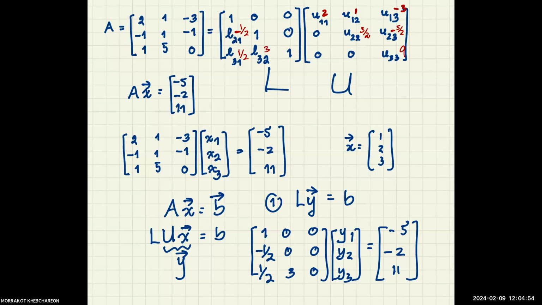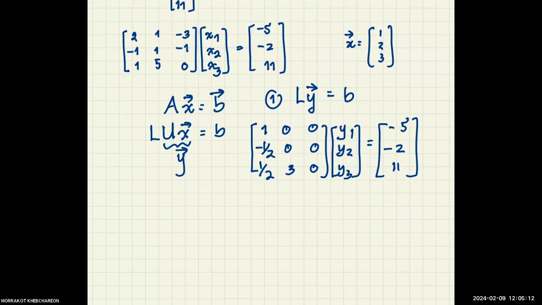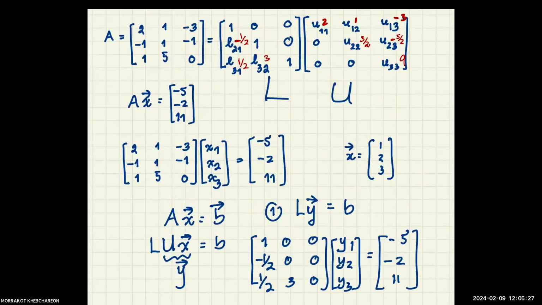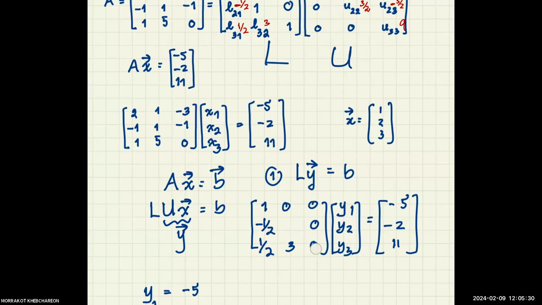So you have L. L is the unit lower triangular matrix. You can find y1, y2, and y3 easily, okay? Use forward substitution because y1 you can see is going to be -5, right? And then -1/2 y1 is supposed to be 5/2, sorry.